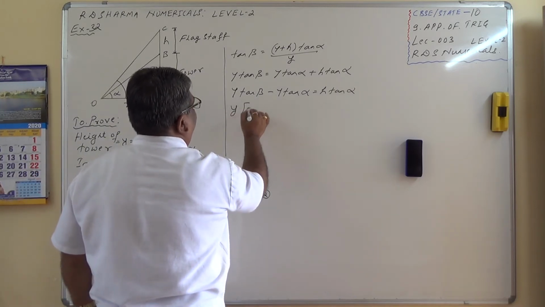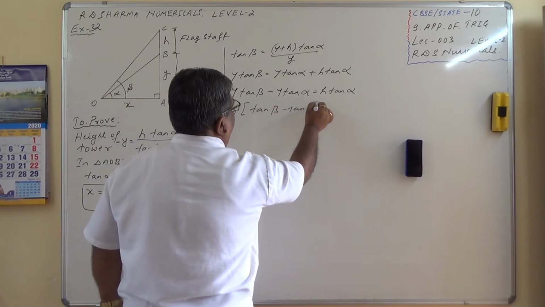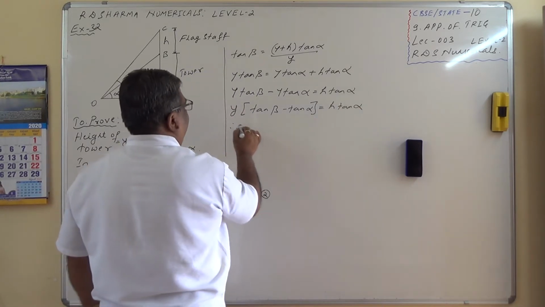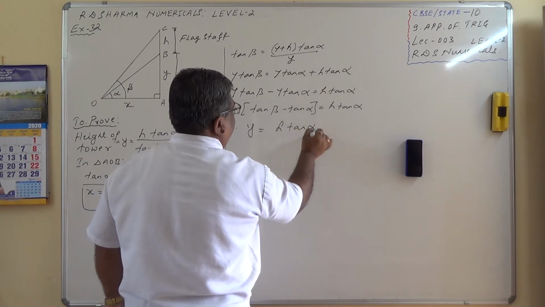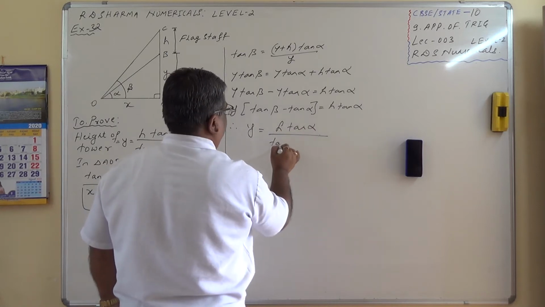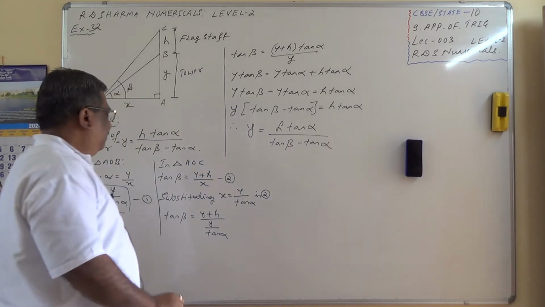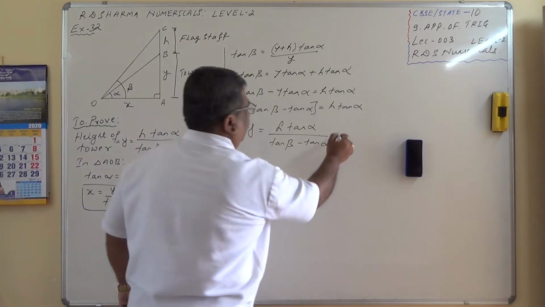Y into bracket tan beta minus tan alpha equals h tan alpha. Therefore, the height of the tower y equals h tan alpha divided by tan beta minus tan alpha. Hence proved.